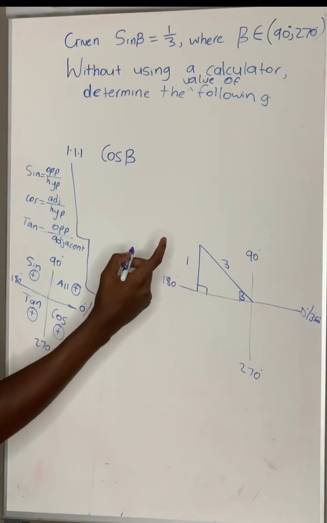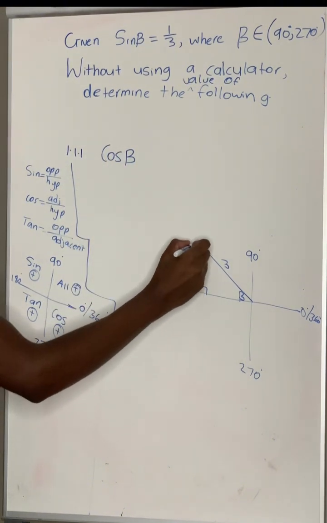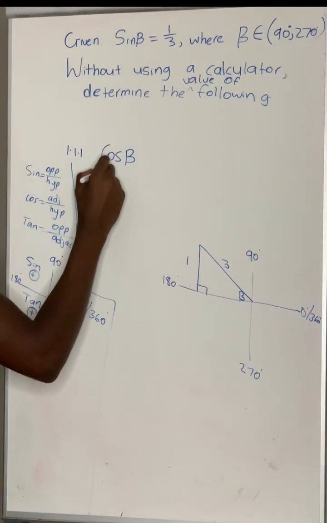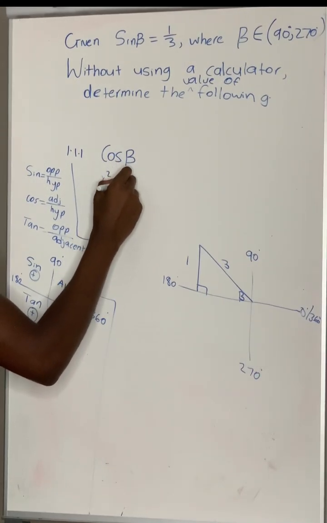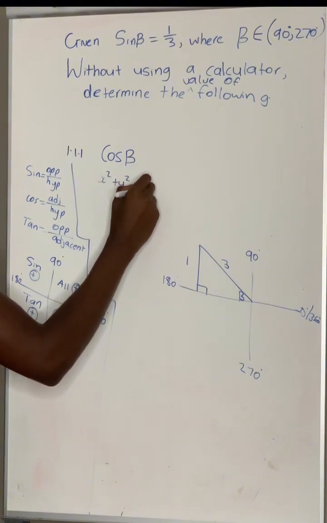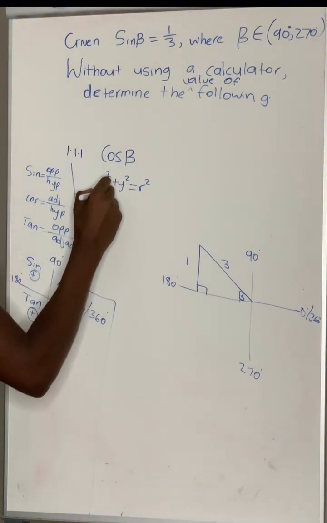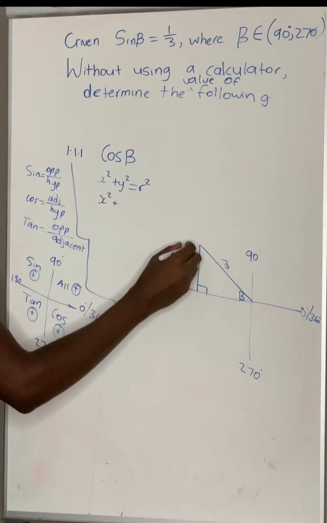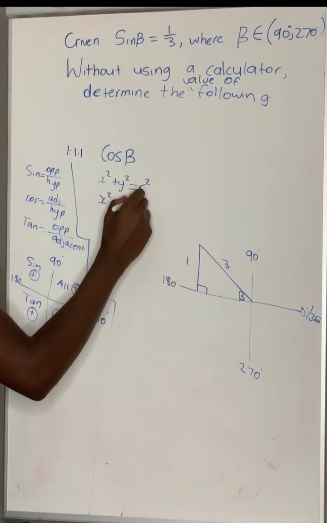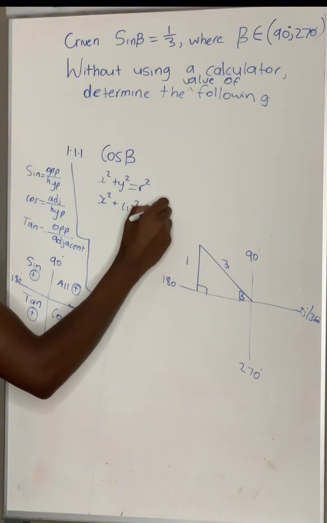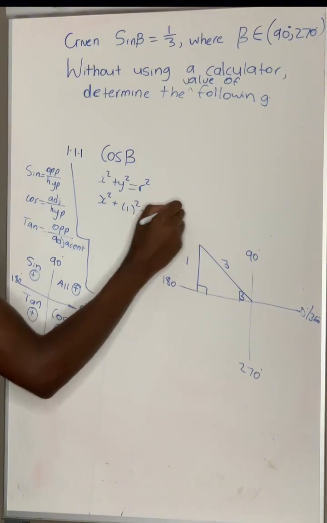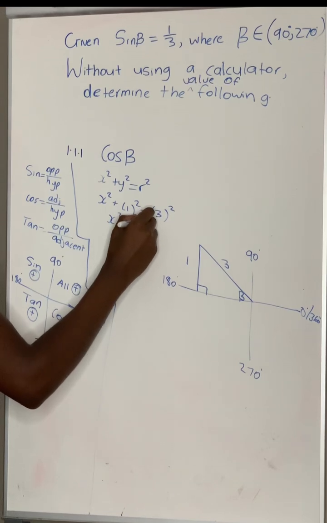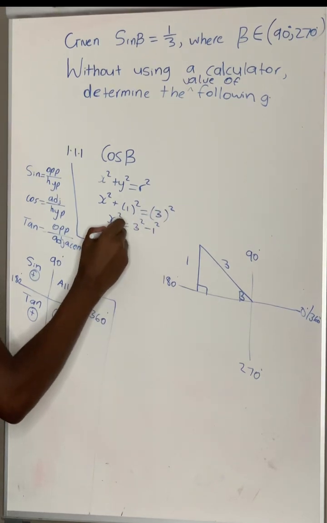So we're going to use what we call our Pythagoras theorem, because this is a right angle triangle. Okay, so then again, x squared plus y squared is equal to r squared. X squared, which is our unknown, plus our y squared is 1, so it's 1 all squared. Our r all squared is 3, okay, squared. X squared is equal to 3 squared minus 1 squared.